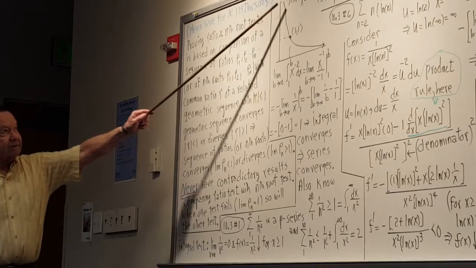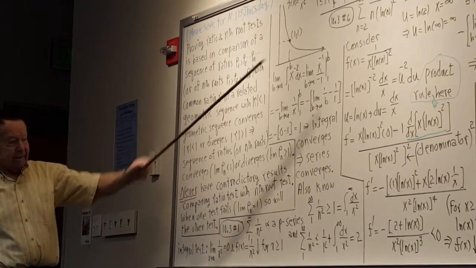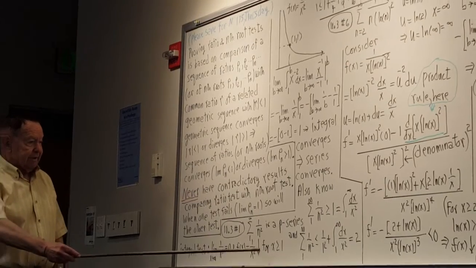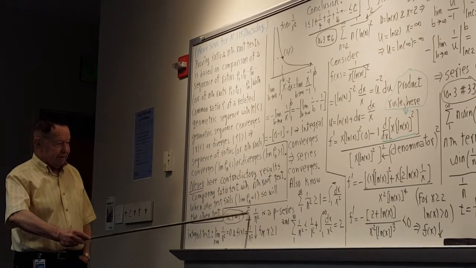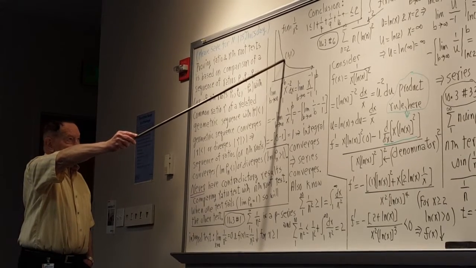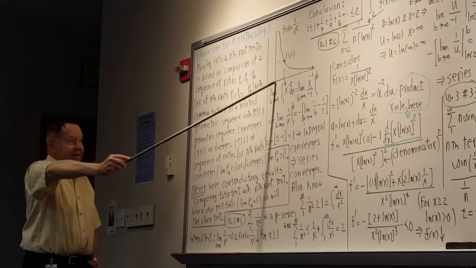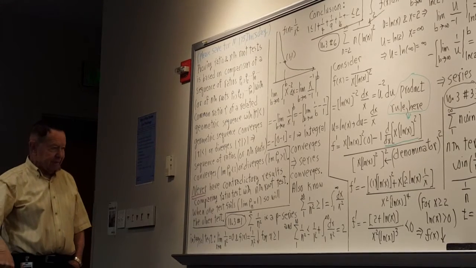Well, 1 over x squared is, you see, how the graph looks. And typically your series starts at n equal 1, so what you really care about is it's decreasing from there on, but actually it is for positive x.